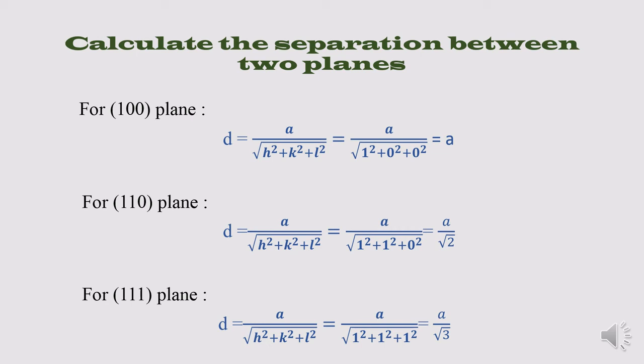Right? So, from these three examples, what we see? We see that 111 plane has the least spacing between two adjacent parallel planes, or we can say 111 planes are most closely spaced together. Right? So, this is a very important observation. When we fabricate any device, what do we need?